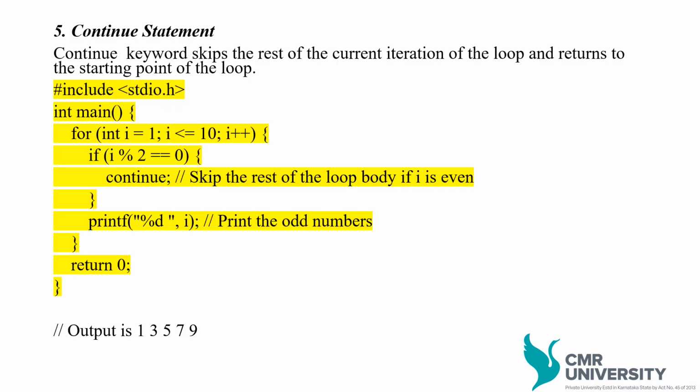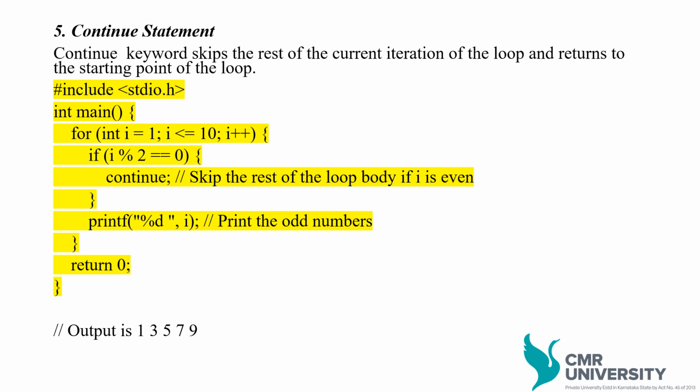Next is the continue statement. The continue keyword skips the rest of the current iteration of the loop and returns to the starting point of the loop. So if we look at an example, here the program similarly uses for and if statements. Here we use the continue statement, right?